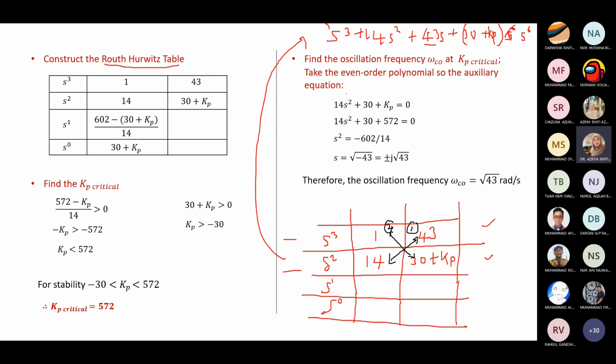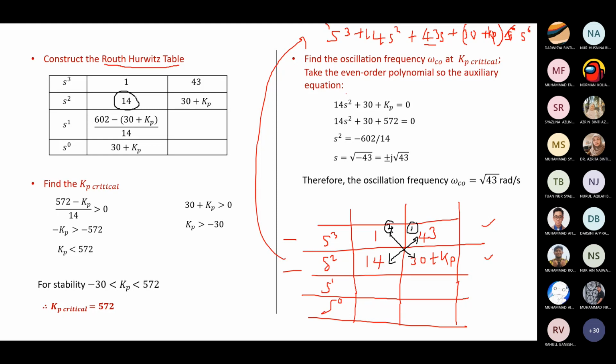So you get 602 minus 30 plus KP, and then over this value, always over the value above it.